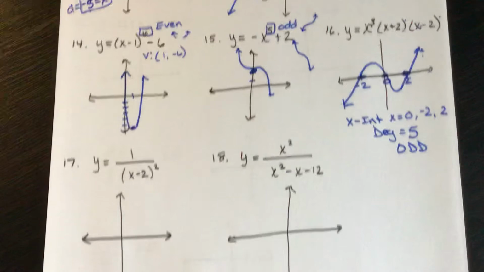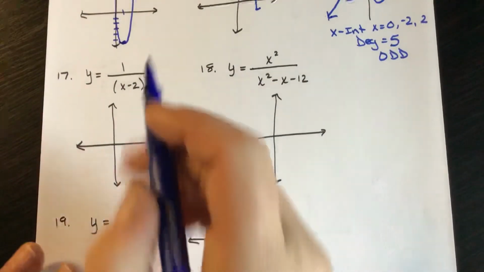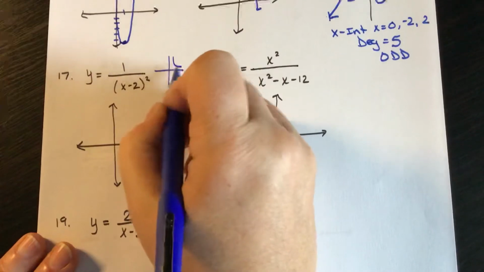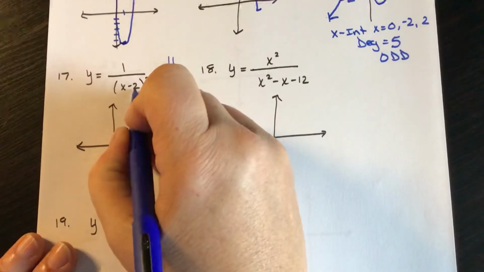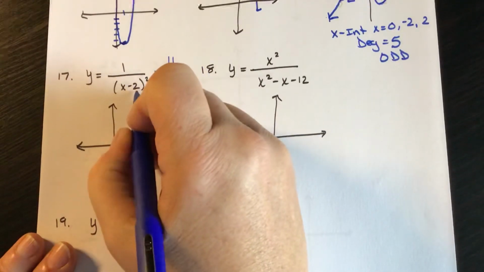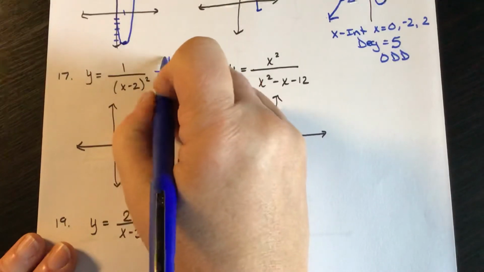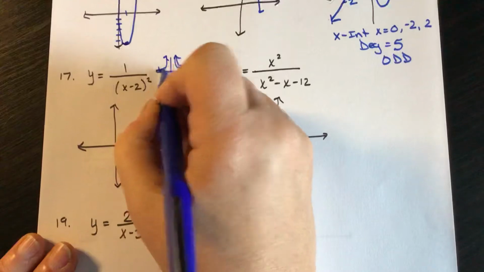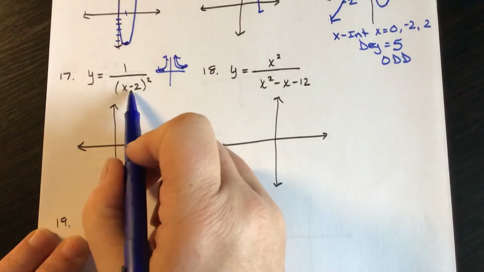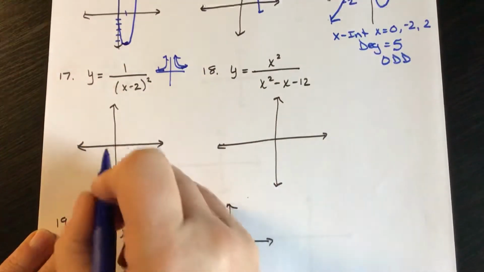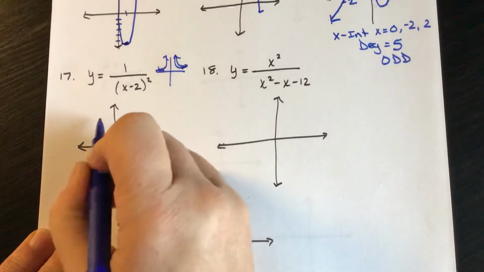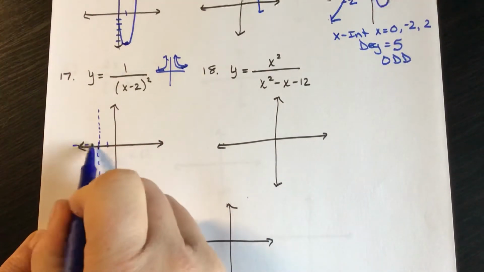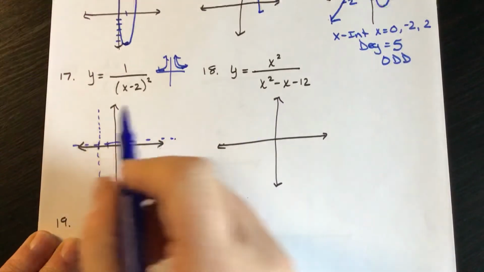Number 17 is a rational function. Now, a rational function usually has a parent function, and it's a rational function with a squared on the denominator. I almost missed that. So this would be the parent function of that, but this time it shifted 2 units to the left. So I've kind of got this asymptote here, and I have an asymptote here.